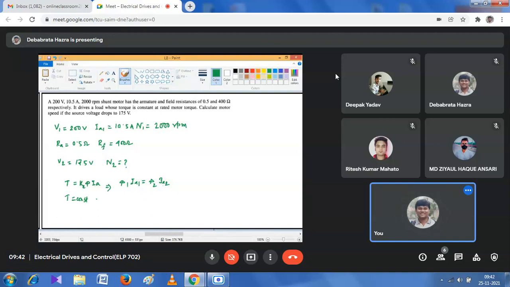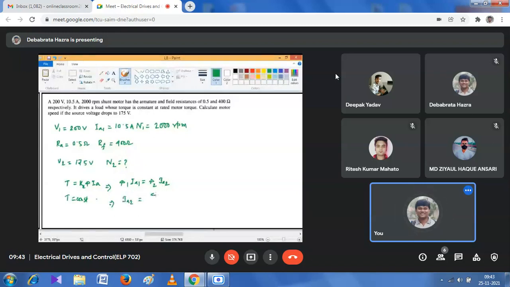Can I write that? So tell me what is the value of Ia2 from that equation?